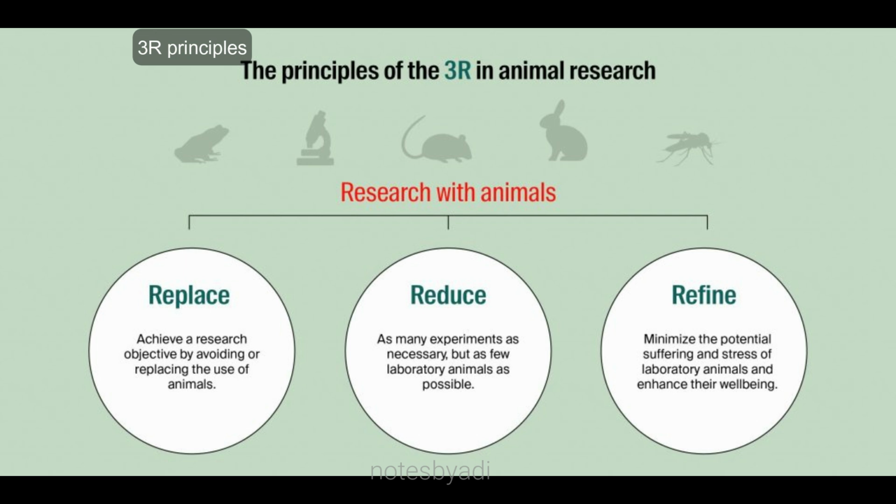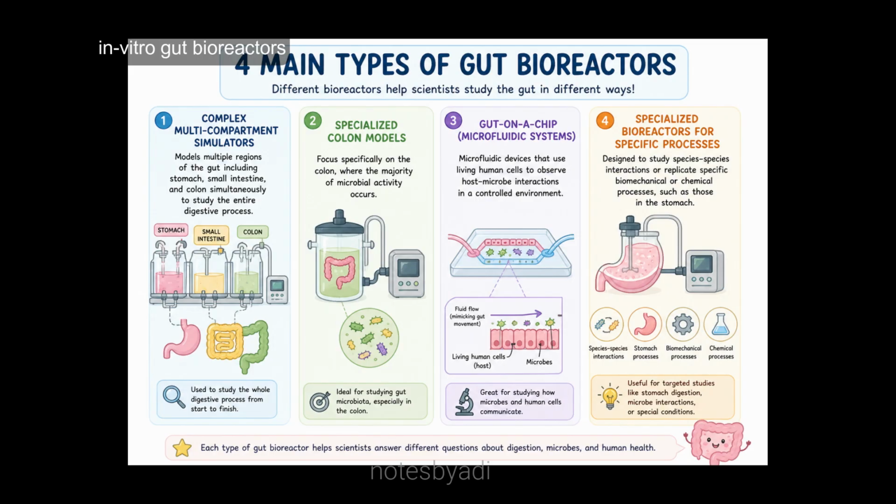A gut bioreactor can be of four main types: a complex multi-compartment simulator, which can model multiple regions of the gut, including stomach, small intestine, and the colon, simultaneously to study the entire digestive process, or a specialized colon model, which can, for example, focus only on the colon where the majority of microbial activity occurs.